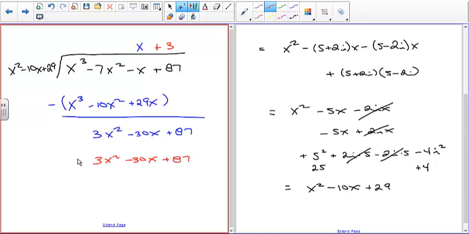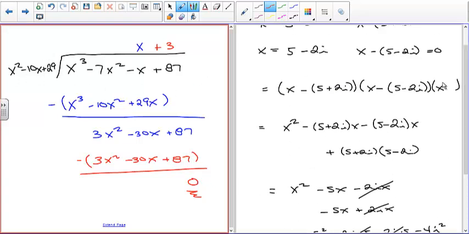You subtract that, you get 0, which says that this is a factor of that. So now we can go back up here, and the answer is x plus 3.